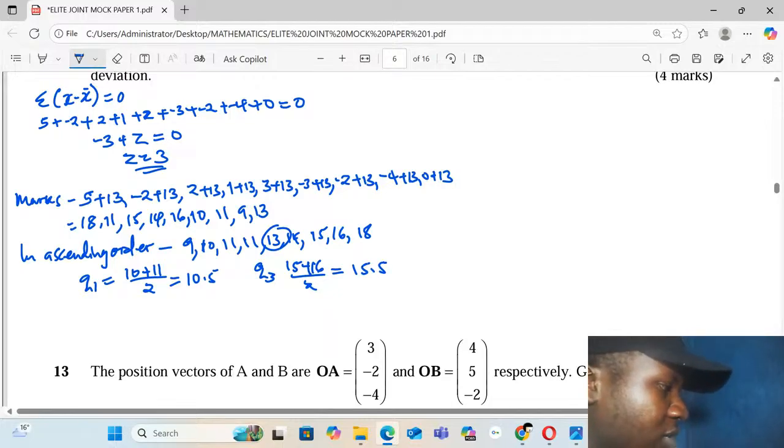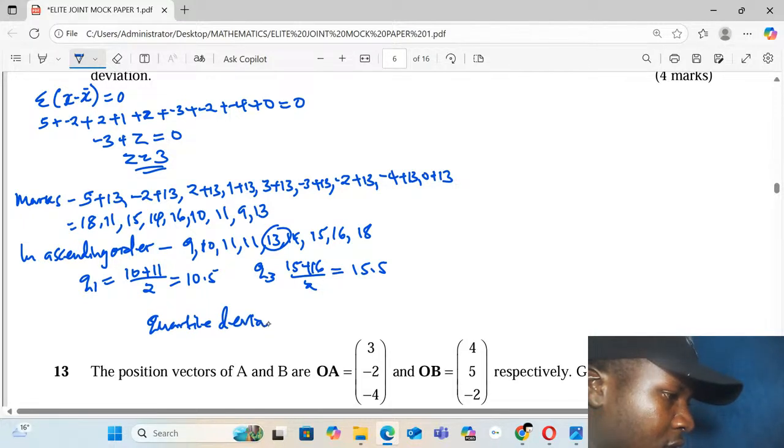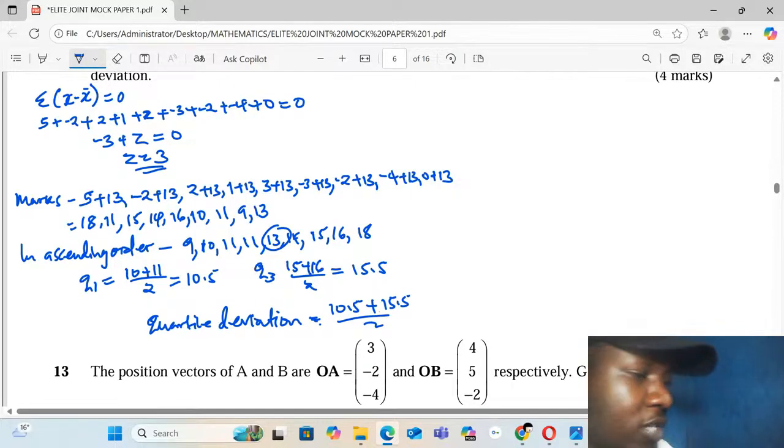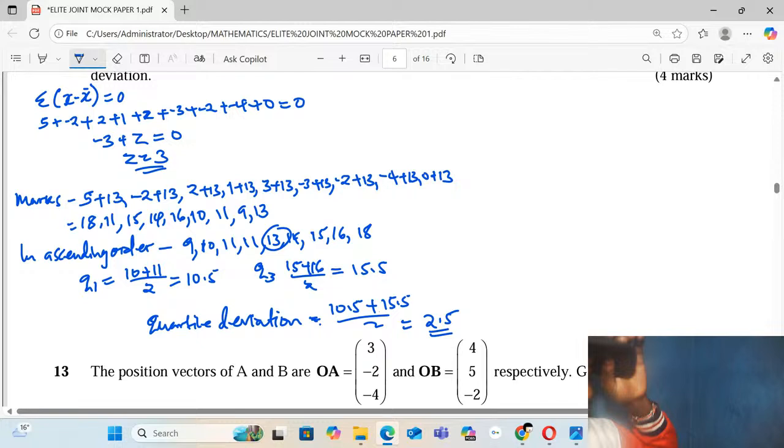So for us to find the quartile deviation, we take Q3 minus Q1 divided by 2, so 15.5 minus 10.5 divided by 2, so that you arrive at your final answer, 2.5. So that is your quartile deviation.